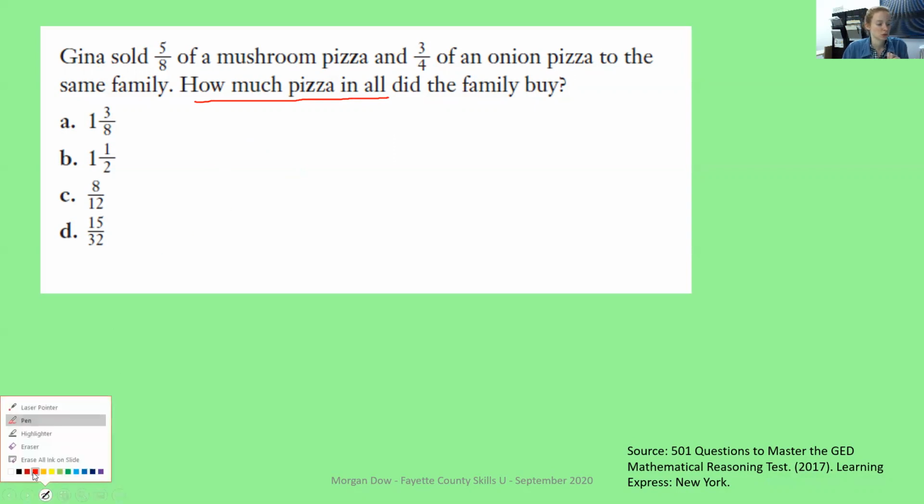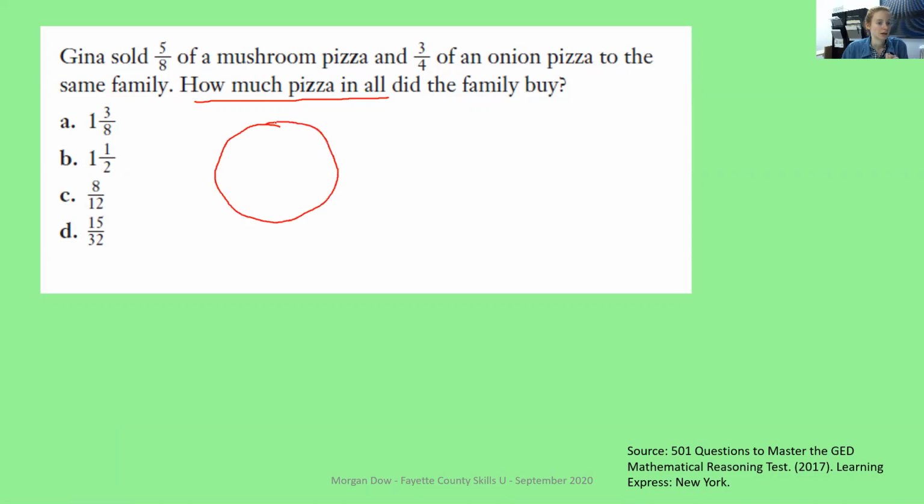So let's just visualize what's happening here with these pizzas. We've got one pizza that's cut into 8s. So 8 equal-ish slices. Just pretend that this is a perfect circle and there's 8 equal slices.